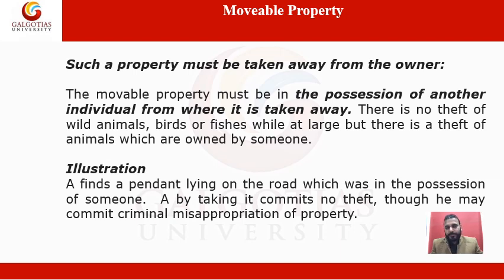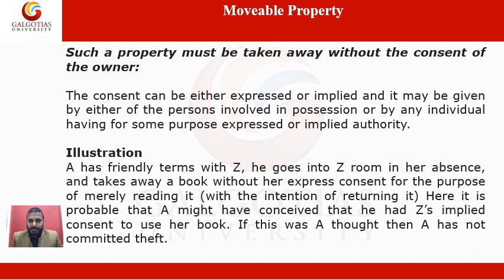That's why the major portion of those elements is covered by possession. So we have to take the property from the possession of that person, whom we may call the owner or the possessor.